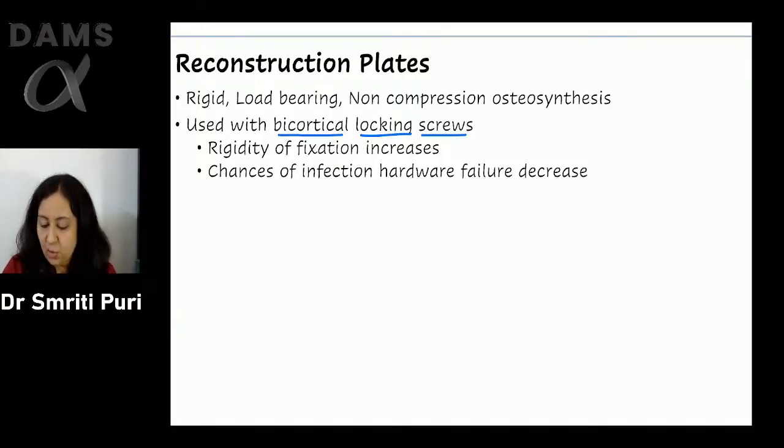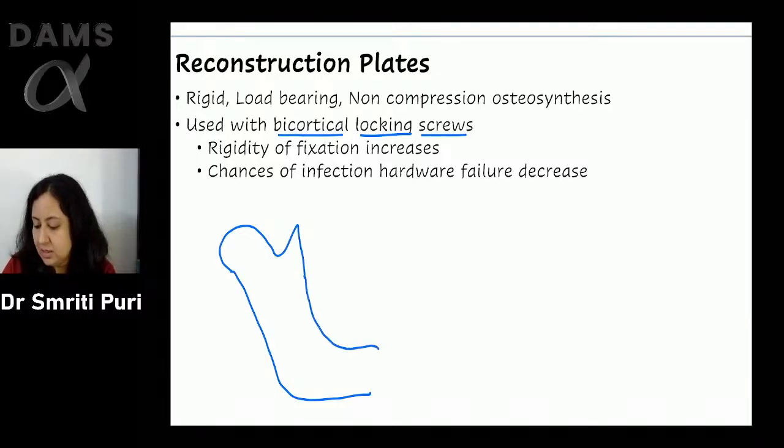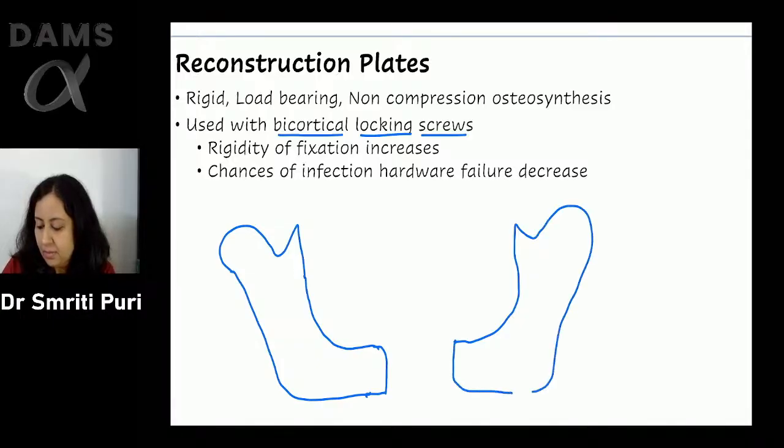Fine. Now, I am drawing a scenario for you. Please try to remember this in your exam and you will not have any problems. Let us assume there is a mandible with a continuity defect. You have this kind of a scenario.